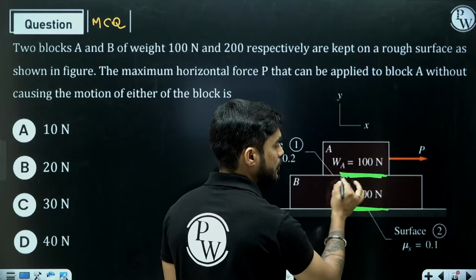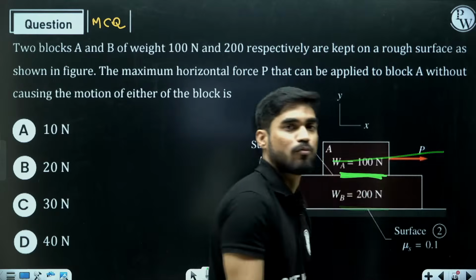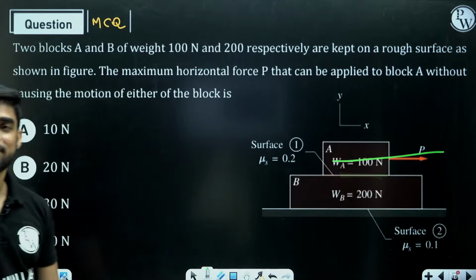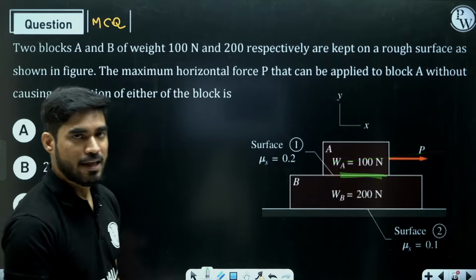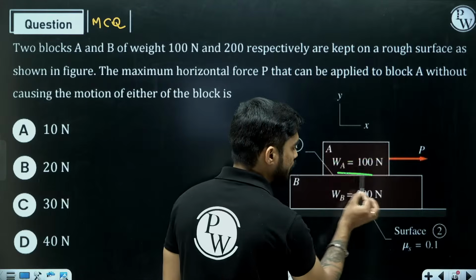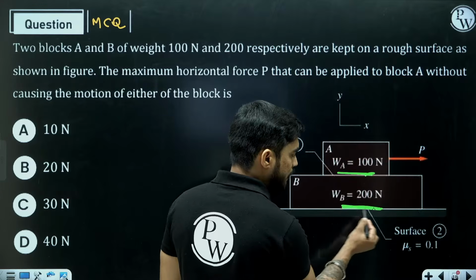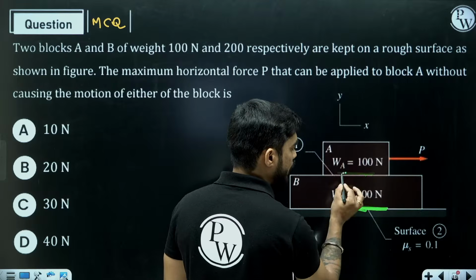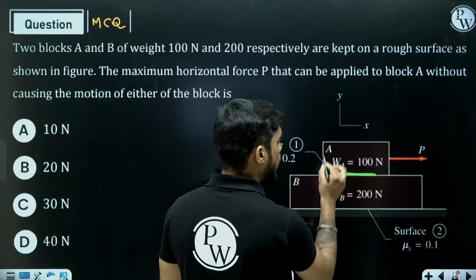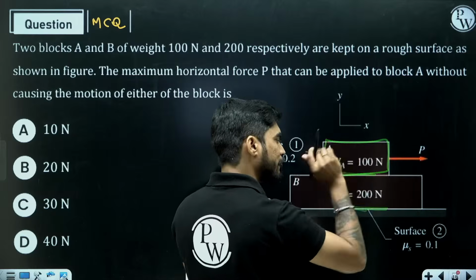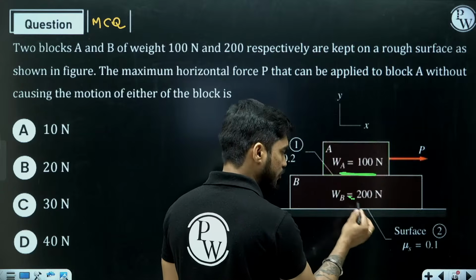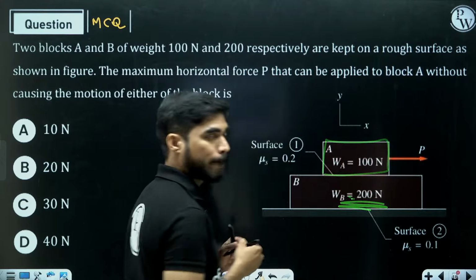Here the friction force is 40. So this block will start moving. Do you understand what I am saying? The friction force at this surface and this surface is different. If the friction force here is more than friction force here, then block A will start moving first.